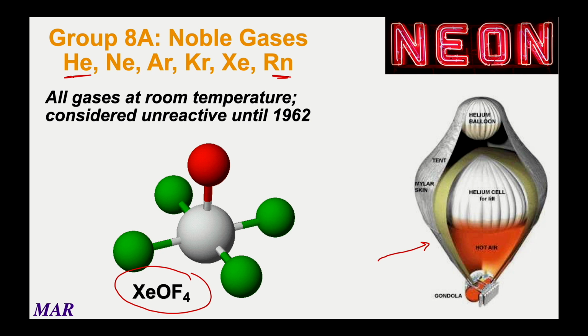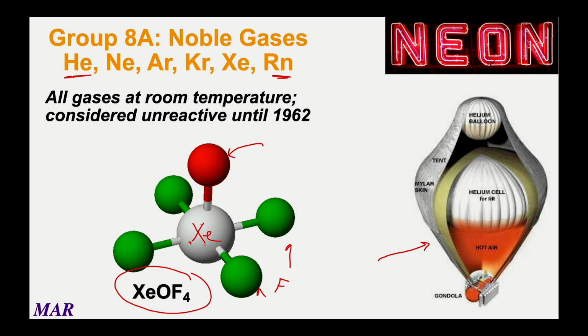It's a xenon compound. The xenon has an oxygen, that's the red atom, and the fluorines are these green ones right here. So this is the xenon in the middle, all right? This was one of the first compounds made with a noble gas, and everybody used to call this group the inert gases, which means they don't react. They do react.